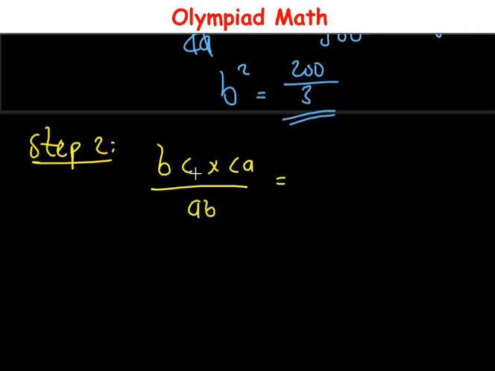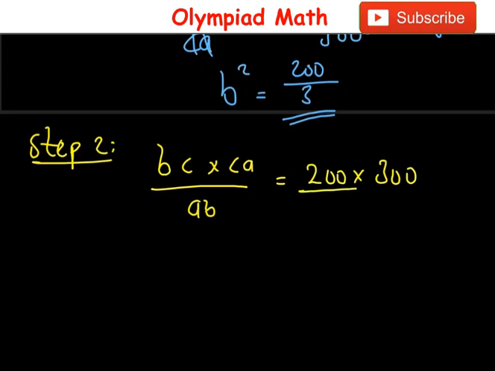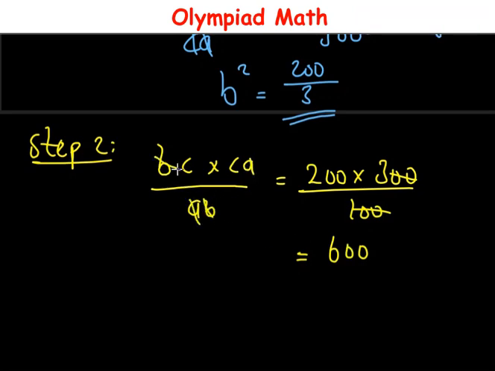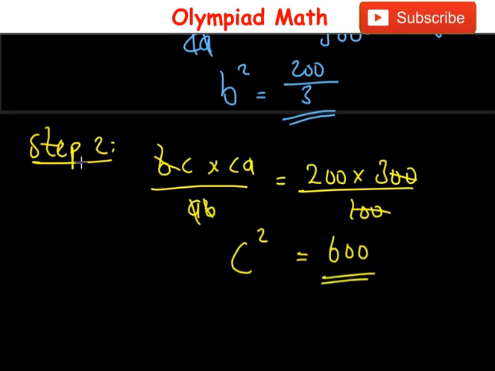So this equals, the value of BC is 200 multiplied by CA is 300 divided by AB is 100. This 0 cancels this 0. We have 200 times 3 is equal to 600. Now, we cancel A, we cancel out B, C times C is C squared. So C squared equals 600, from step 2.